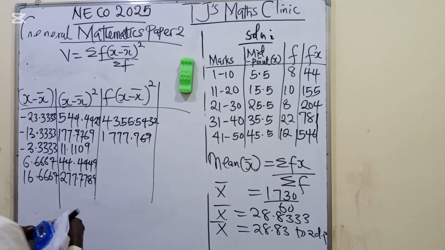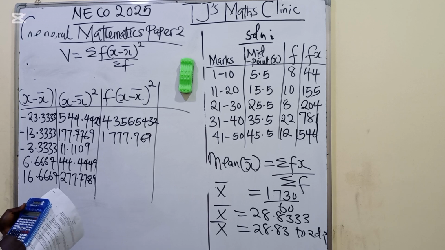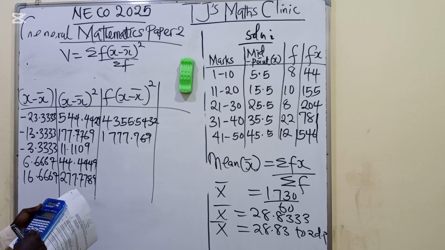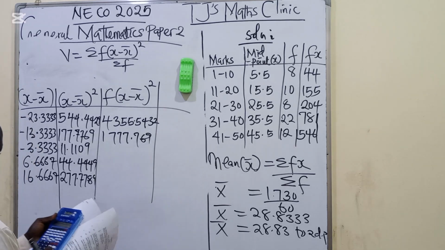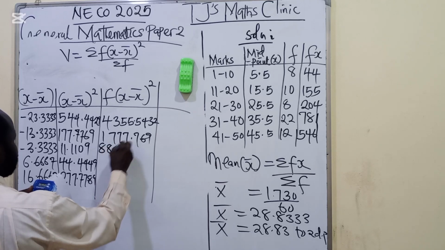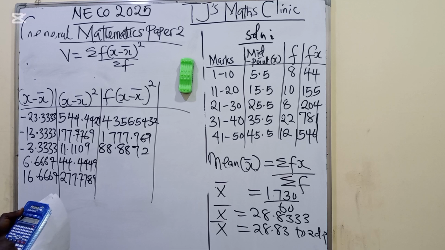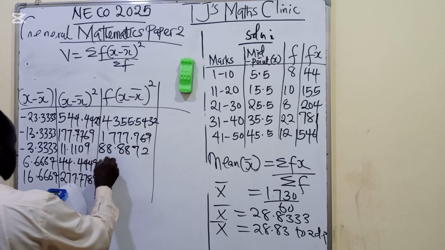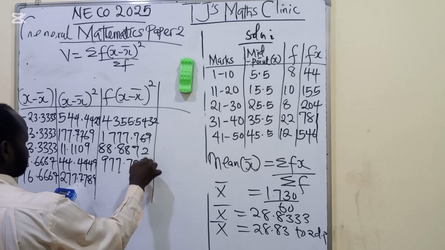The next one, the frequency is 8, 11.1109 times 8 will get 88.8872. Next, the frequency is 22, that's 44.4449 times 22, will get 977.7878.